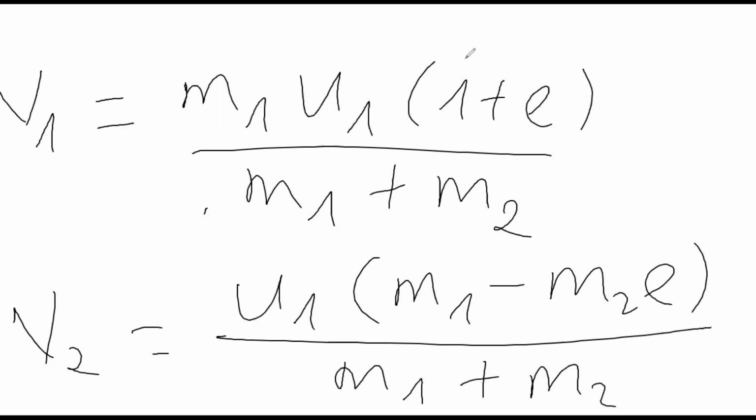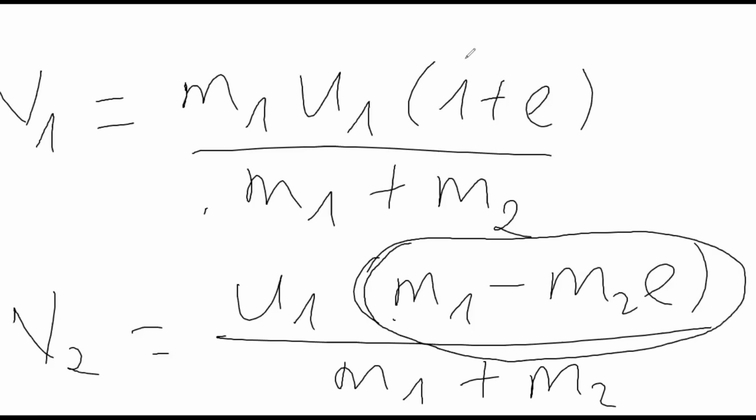Now, you can be asked in a similar question to this second example to give the direction of the velocities. That's the direction after collision. If you check here, this m1 minus m2 e will give you the direction or the behavior of sphere 2 that was originally at rest.